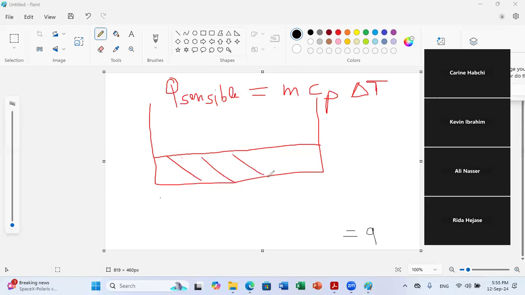Why? Because you don't want this thermal mass to have a big change in temperature. It should store heat while having a very low increase in temperature, to not have overheating of your space. So this is why it's suggested to use a massive material, high mass and high specific heat.